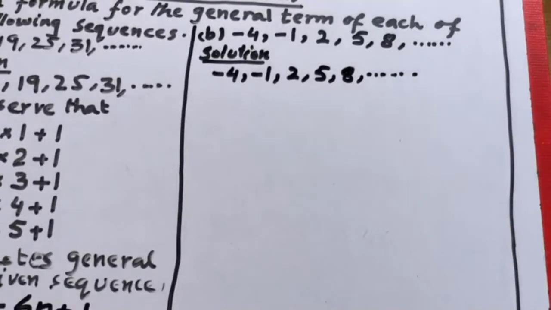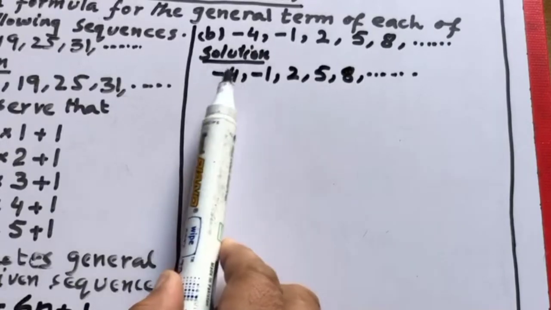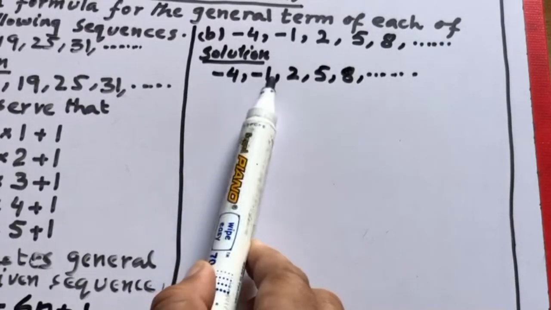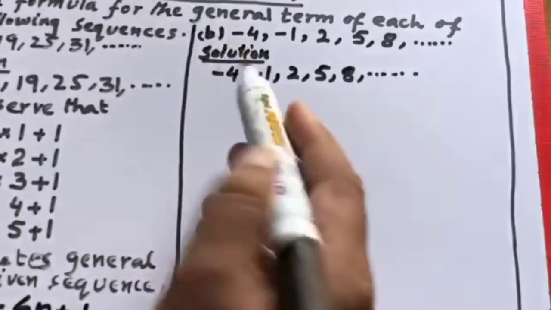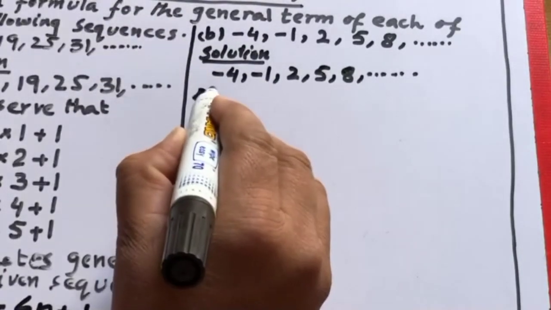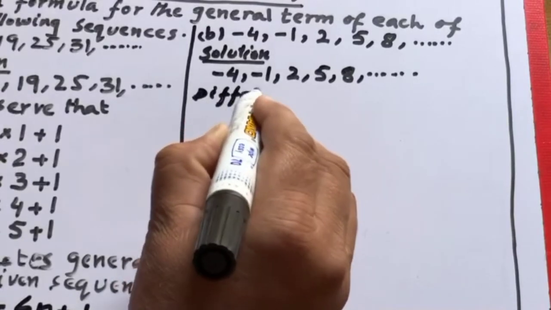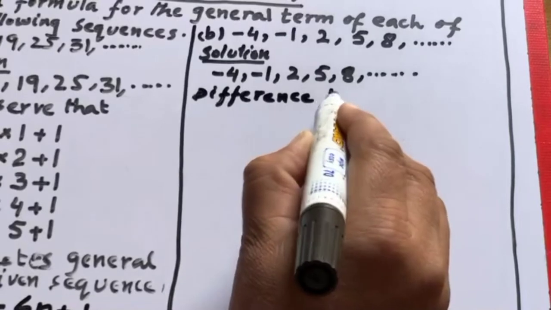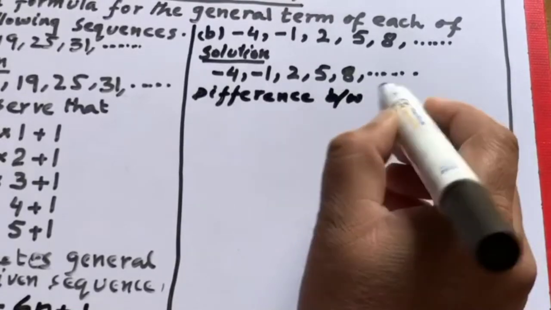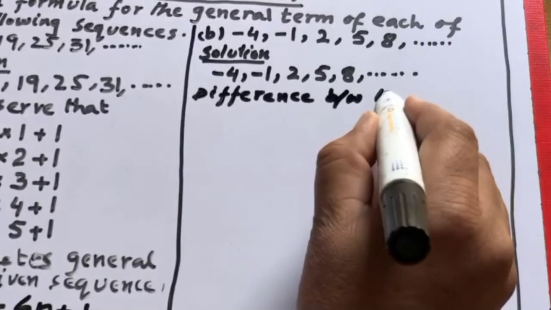If we observe the following number sequence, if we take the difference of two consecutive numbers, then we will get the difference between two consecutive numbers.